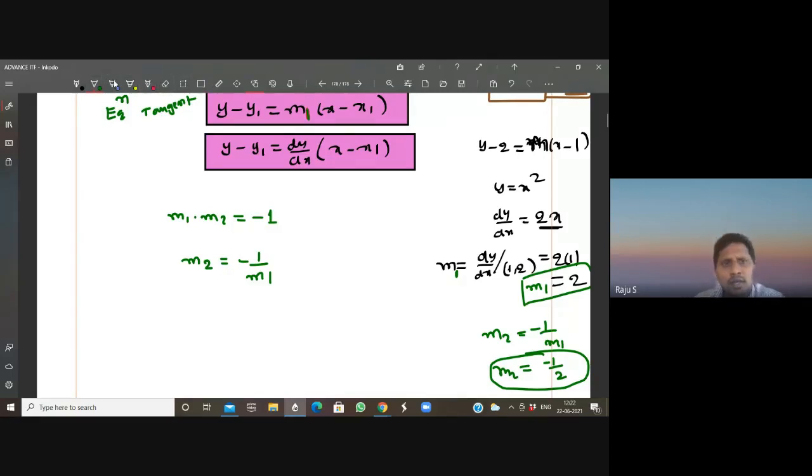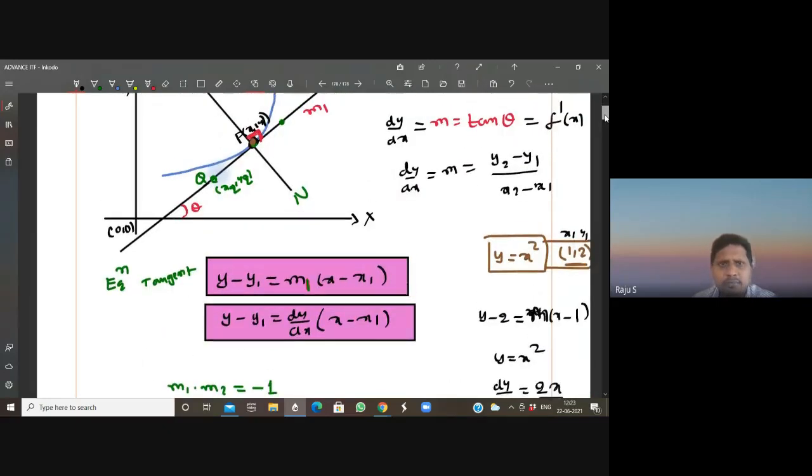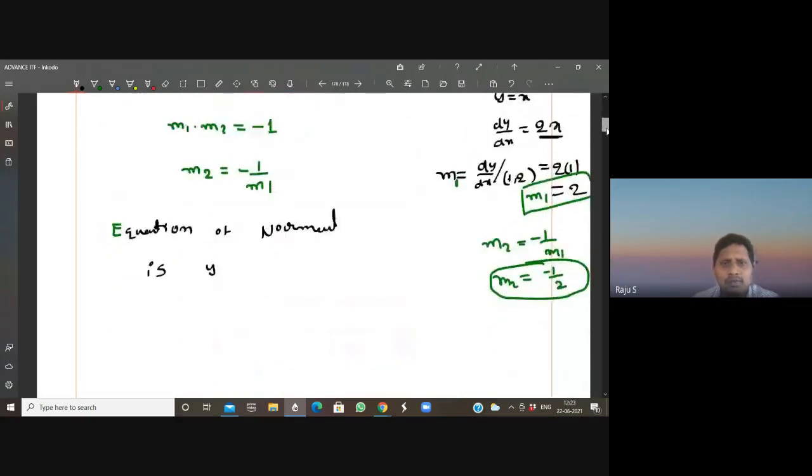Now I'm going to write the equation of the normal here. How can you find the equation of the normal which is passing through the point x1, y1?